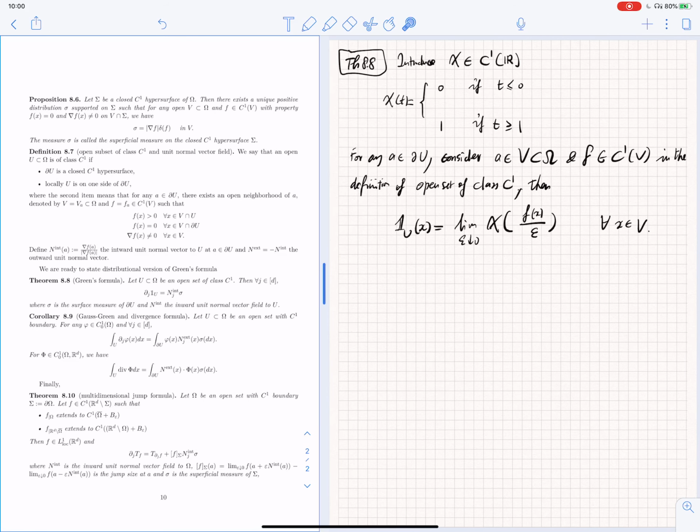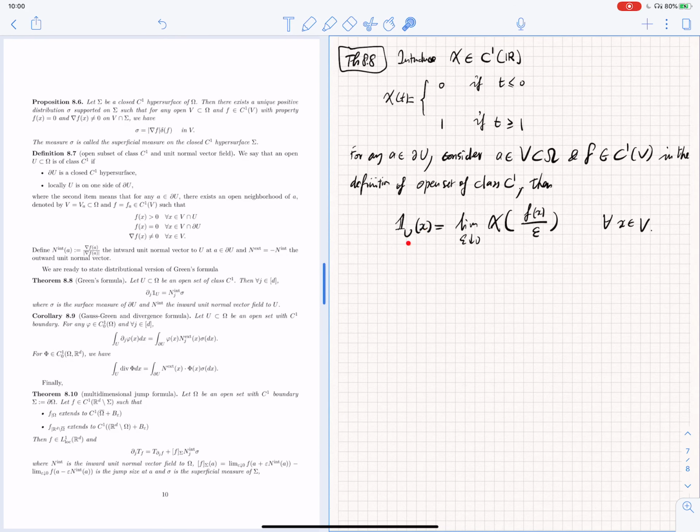In other words, f of x, if x belongs to u, is positive. Divided by epsilon, as epsilon goes to 0, this actually goes to infinity. So in any case, when epsilon is sufficiently small, this becomes larger than 1. So the limit value will be 1 according to the definition of chi.